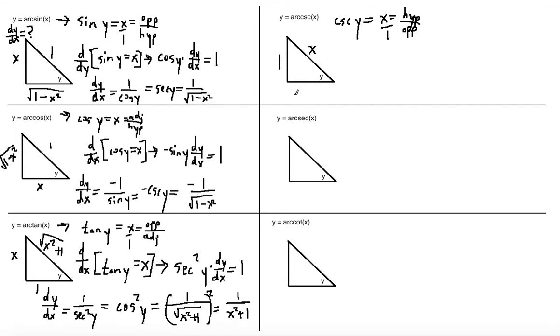Here's where my 1 goes. We can use Pythagorean's theorem to find the last side. We're going to take the derivative of our equation with respect to x using implicit differentiation.